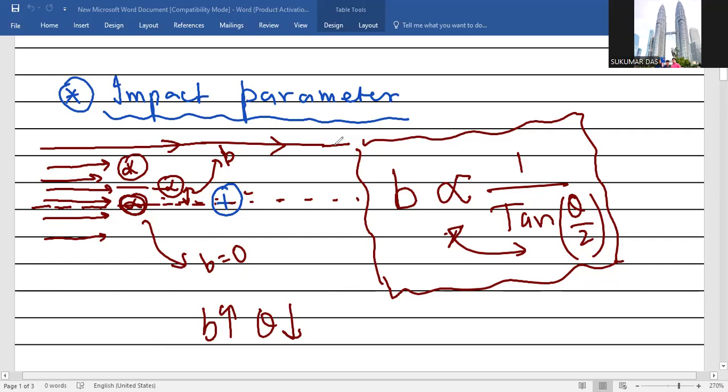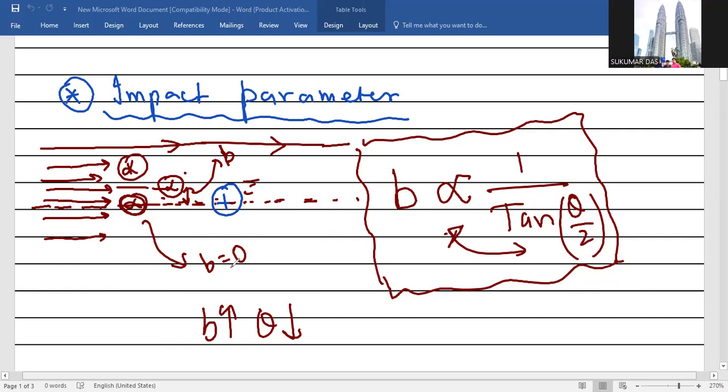Over here, B is the perpendicular distance of the line of motion of the alpha particle from the central line. Central line means the line where the alpha particle is supposed to do the head-on collision with the target nucleus. Got it?